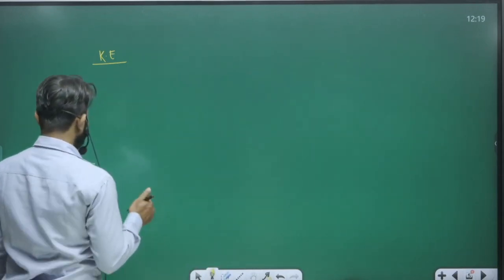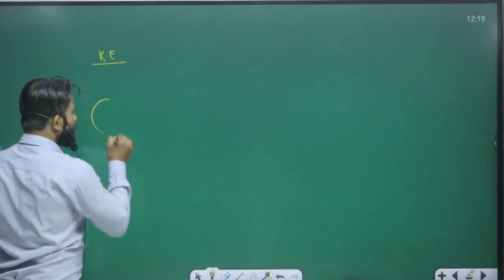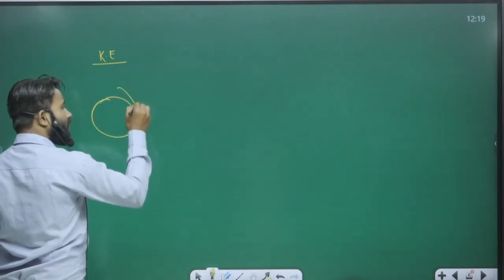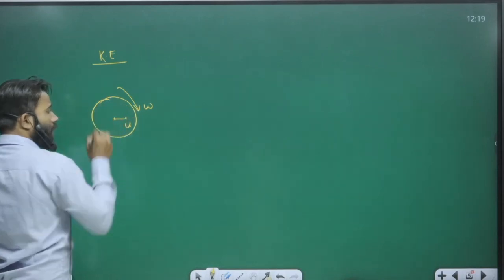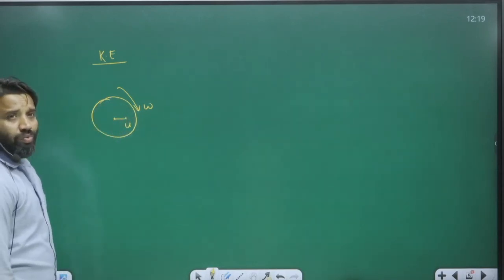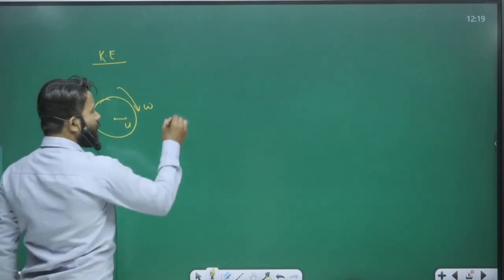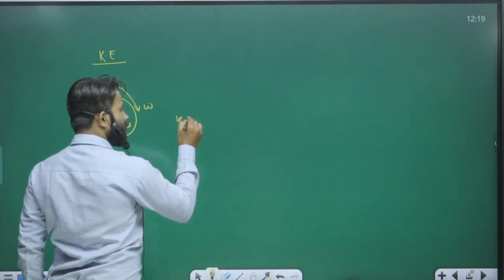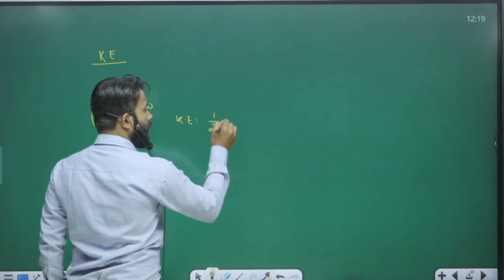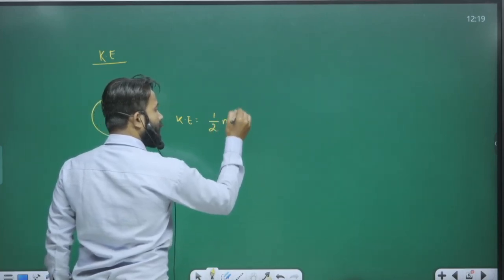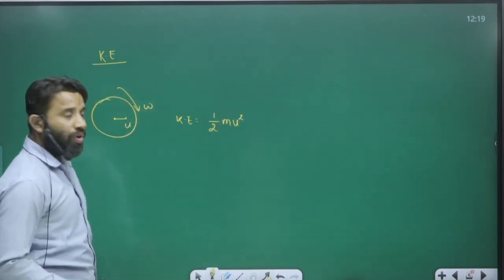So, for a body which is translating as well as rotating, say it is rotating with omega and has some velocity u, its kinetic energy due to translation will be written as half into m into u square.